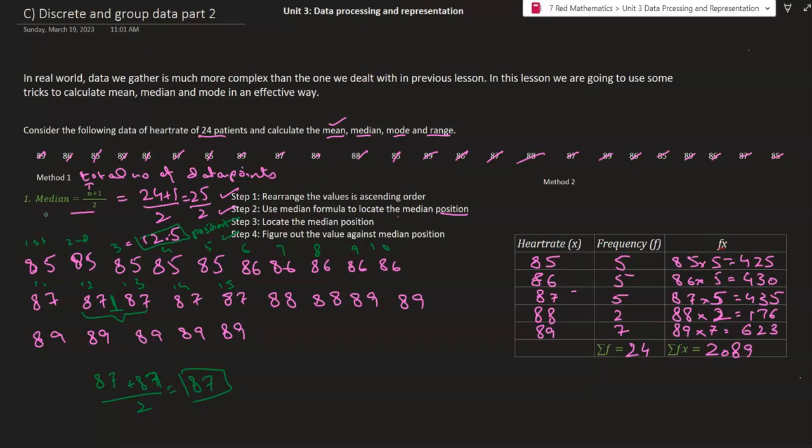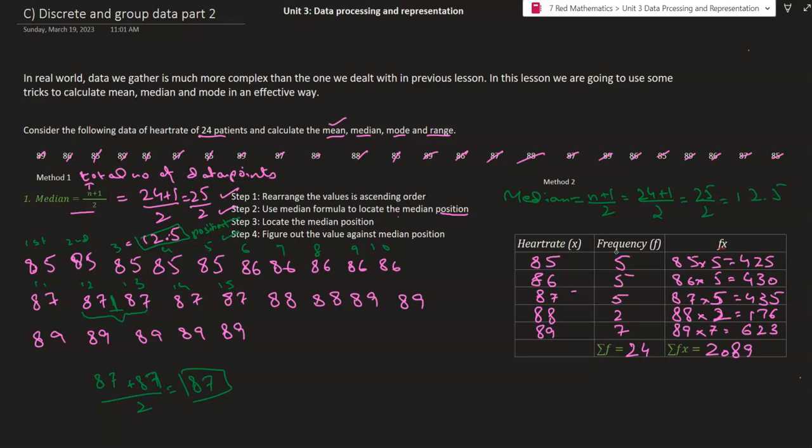What we do is write the formula: median is equal to (n plus 1) divided by 2. That is 24 plus 1 divided by 2, where n is the summation of f. It gives 25 divided by 2, and the position is 12.5.